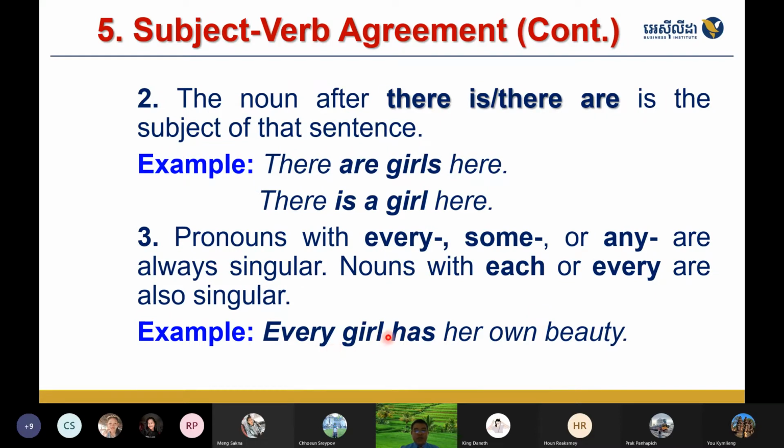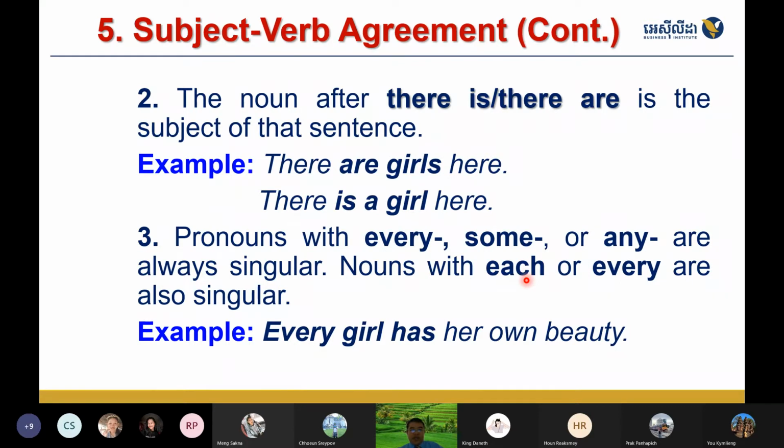So girl is the noun. So when the noun is used with every or each, you have to use a singular noun. But some and any, you have to use with the plural noun. Okay, the plural noun. But some, any, we also use with the singular as well.